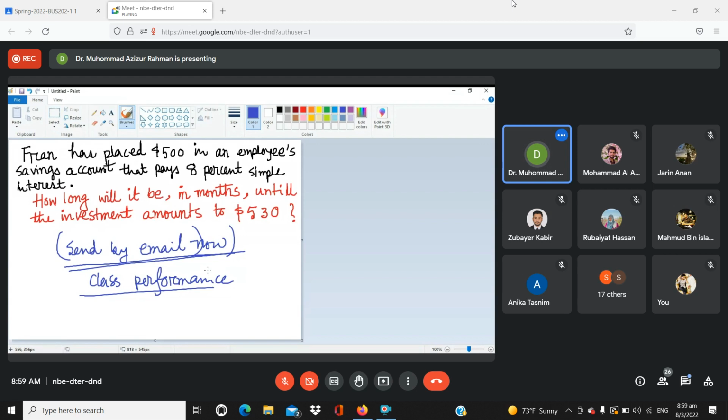Principal amount is given, future value is given, interest rate is given. Need to find the value of n.